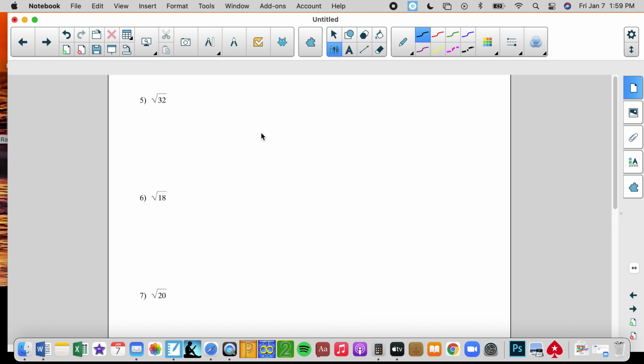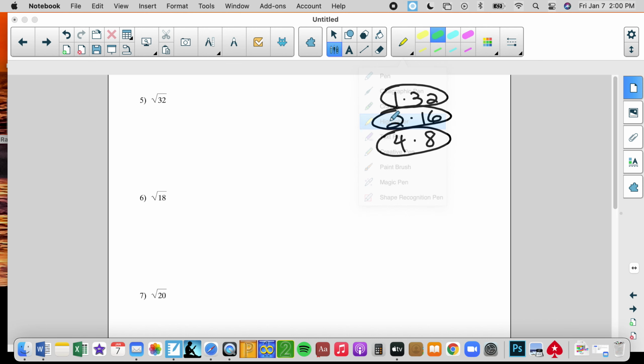Now that doesn't mean that we can't simplify this, and our goal is to look at factors of 32. 1 and 32, 2 and 16, 3 no, 4 and 8, 5 no, 6 no, 7, and we're done. So these are the factor pairs, and when we look at these, we're looking for perfect squares.